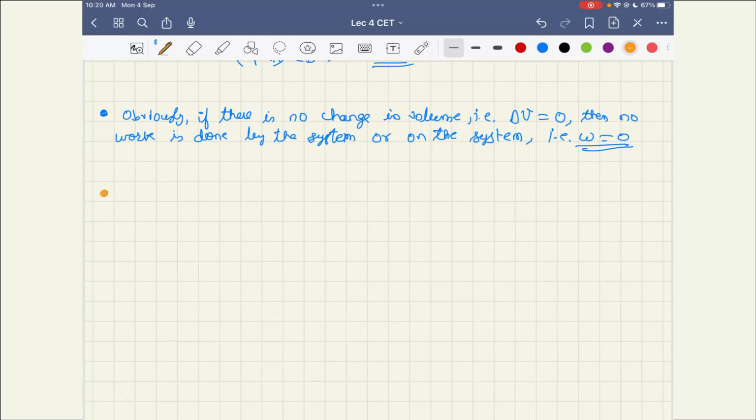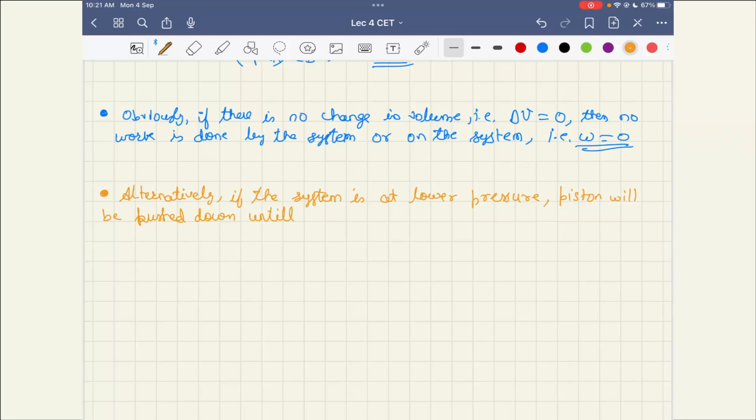Let us write this down with a different color. So alternatively, if the system is at lower pressure, then the piston will be pushed down until the pressure of the system becomes equal to that of surroundings.